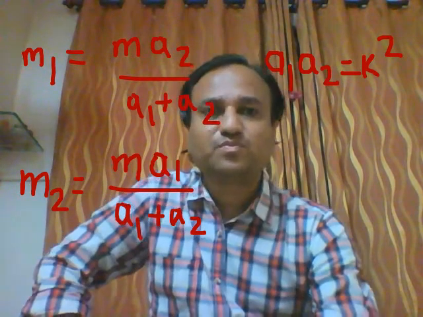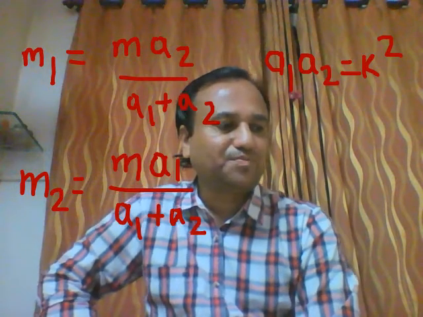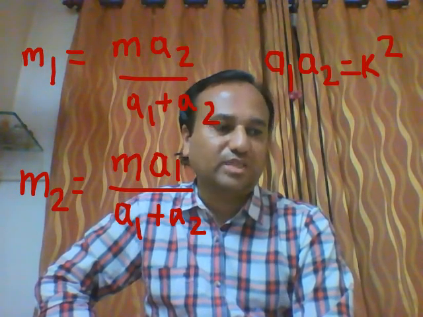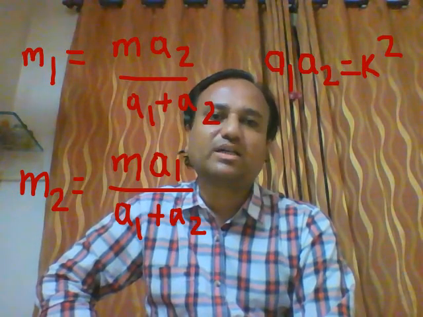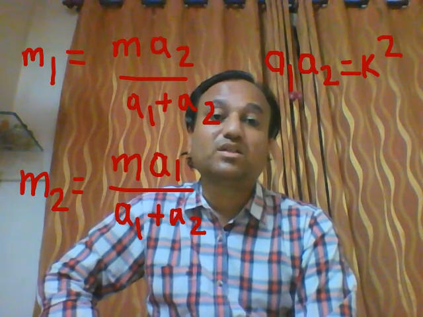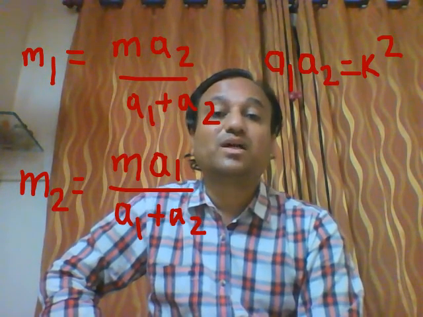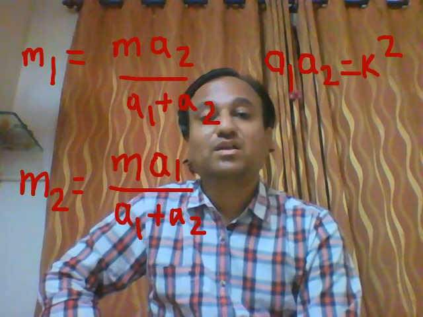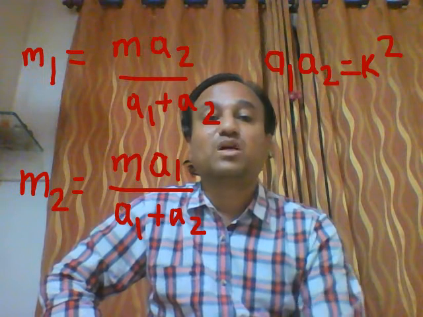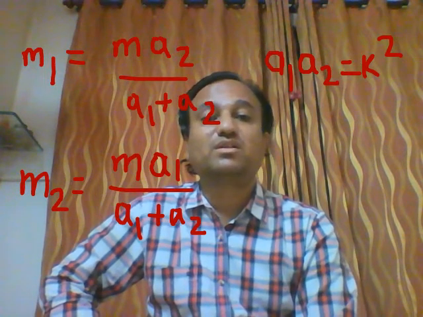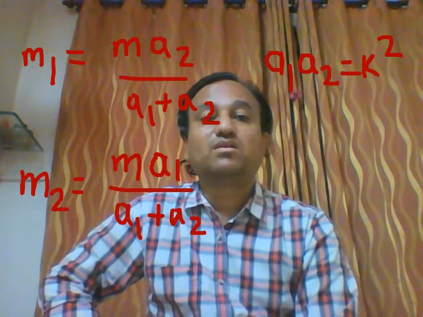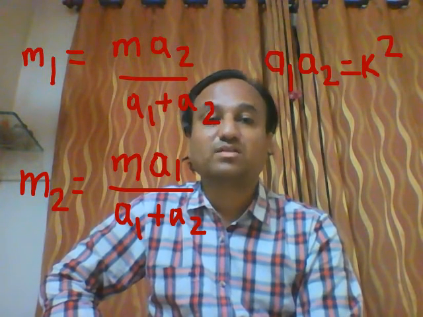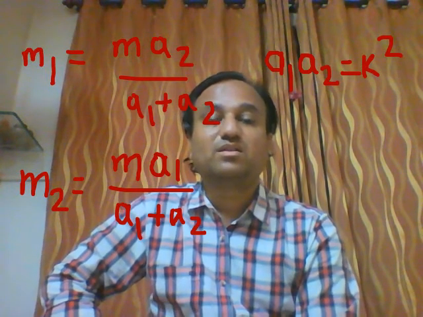So student, the third condition, that is M1 A1 square plus M2 A2 square is equal to M K square, will not be satisfied by considering the arbitrary system. By neglecting the correction couple, we are considering the arbitrary system.